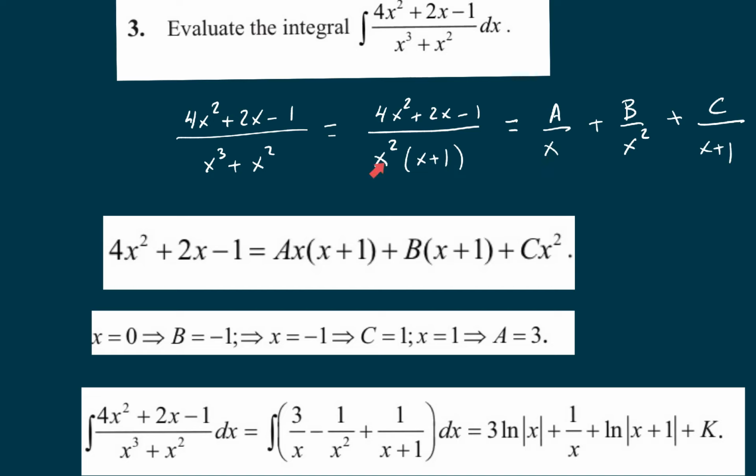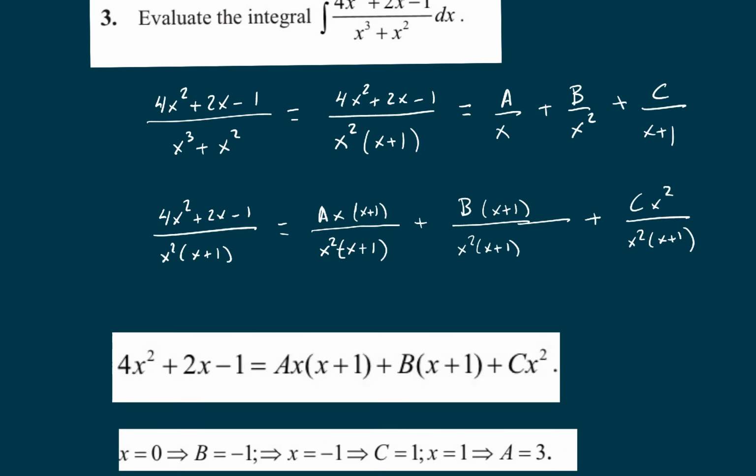Now because x is a linear factor that repeats 2 times, there will be B divided by x squared. So we make this integrand equal A divided by x plus B divided by x squared plus C divided by x plus 1. And the challenge is to find A, B, and C. How will we find A, B, and C?